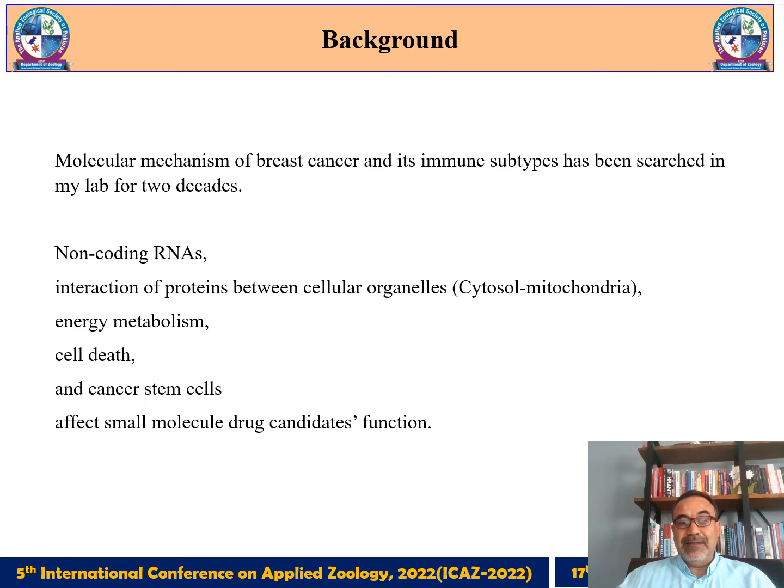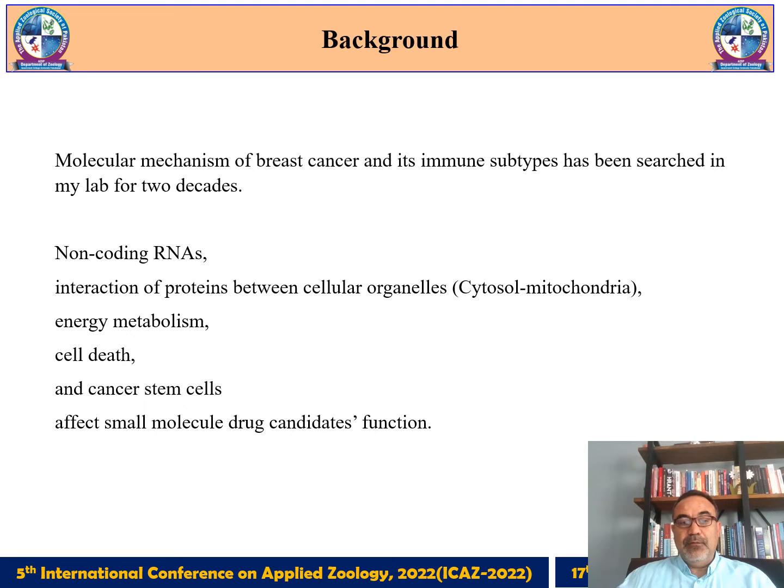Pseudogenes affect heat shock proteins, and isoforms of heat shock proteins in cancer cells increase. So this suppresses small molecule induced cancer cell inhibition, and we also designed molecules that will bypass these steps.